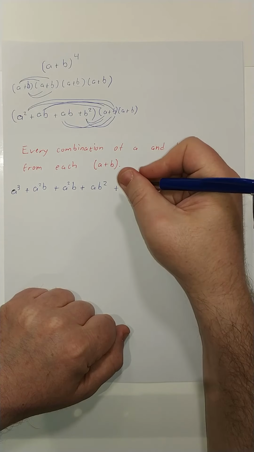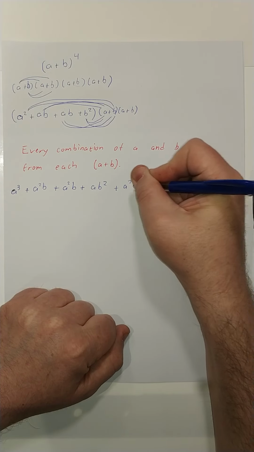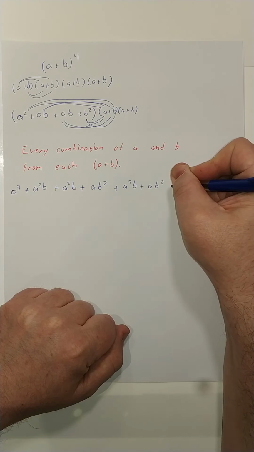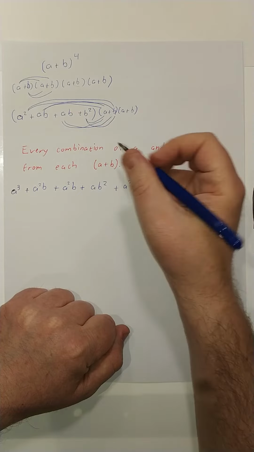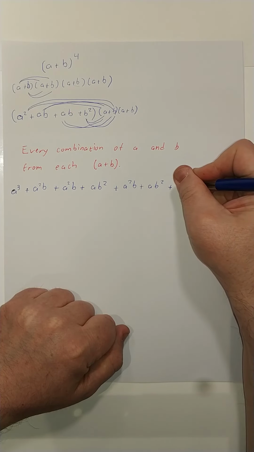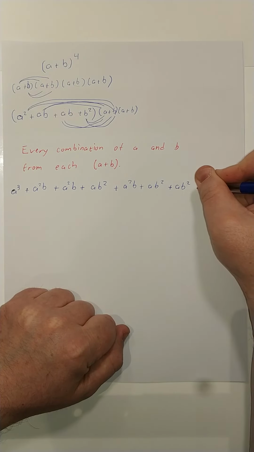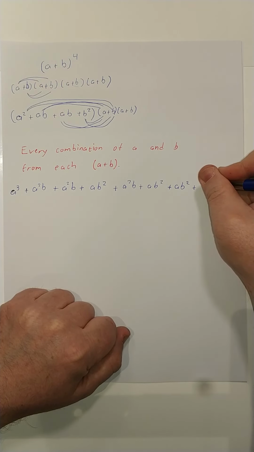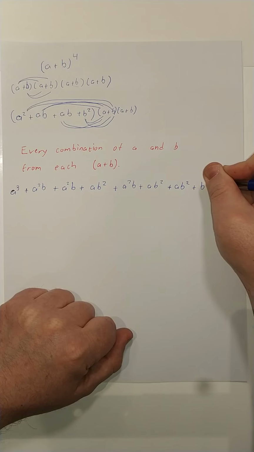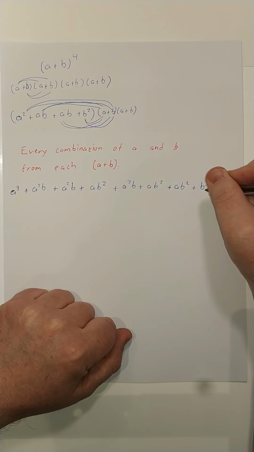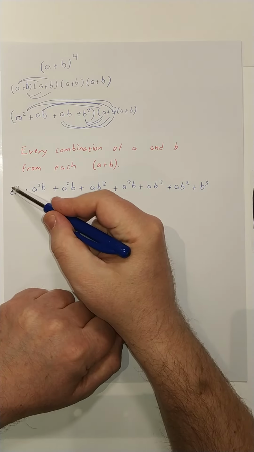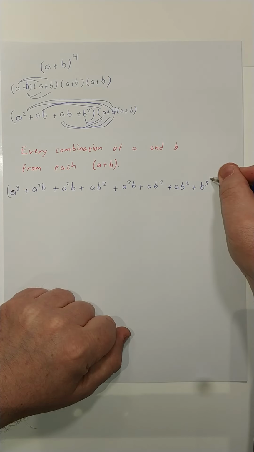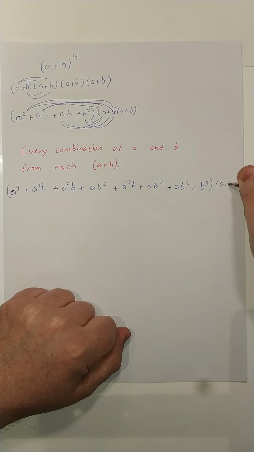Then we have the same, a squared b plus ab squared. And finally we have b squared times a, that's ab squared, plus b squared times b, that's b cubed. And then we would have to take all of this times a plus b, of course.